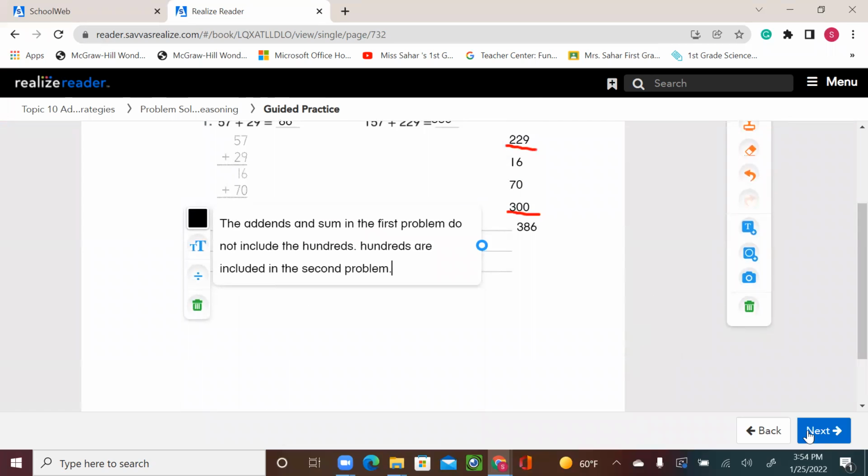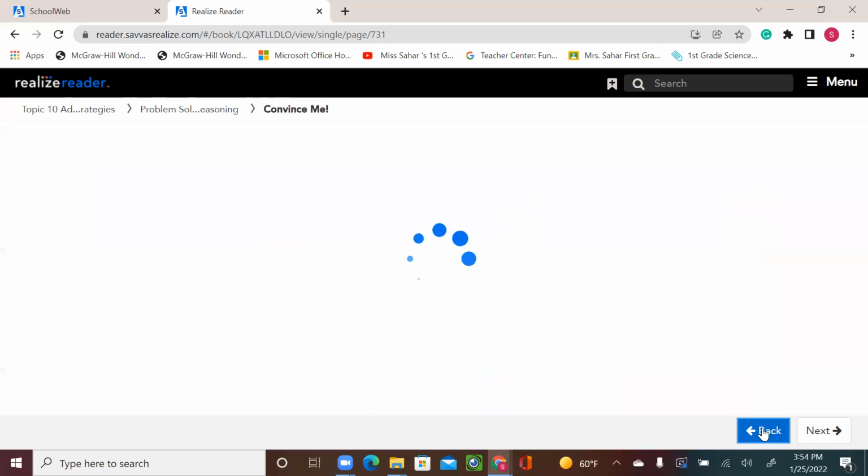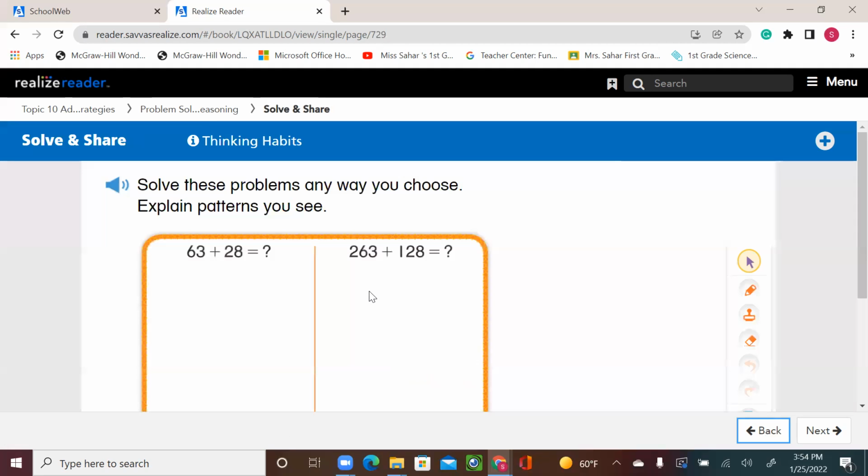Okay, so let's go back to our first question in your book, page 457. And now use what we learned to answer this question. Solve these problems any way you choose. Explain patterns you see. 63 plus 28 equals blank. 263 plus 128 equals blank.